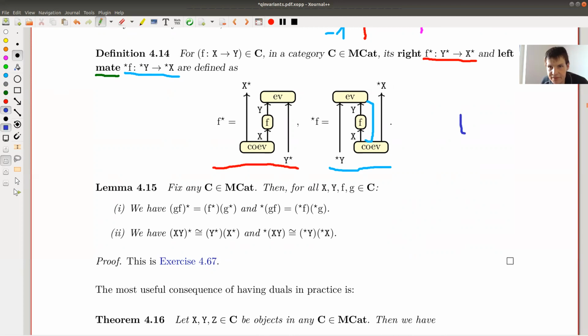Another way of illustrating this is in an easier fashion. If you have f sitting in the middle, you get its mate by doing an operation like this, and it turns the order around. So if this is x and this is y, you now got a morphism from y to x. Strictly speaking, from y left dual to x left dual.